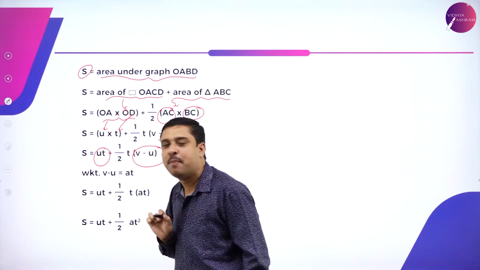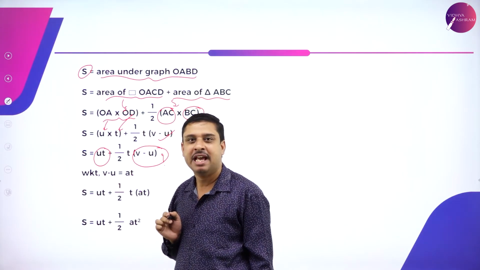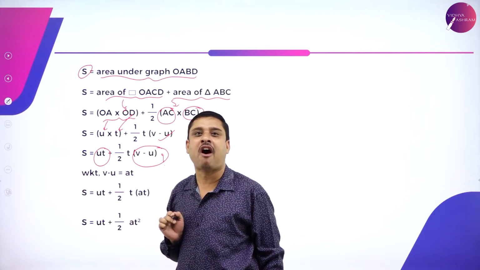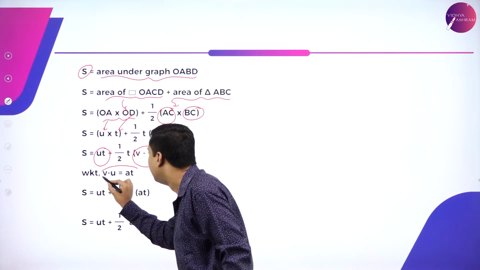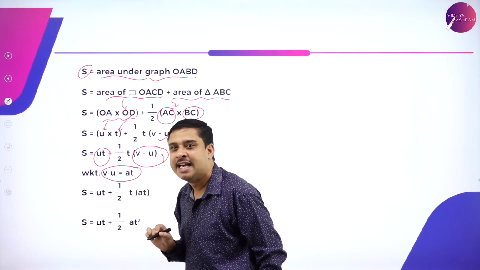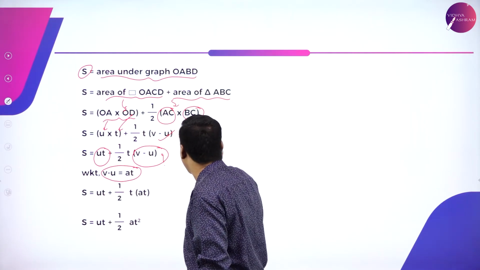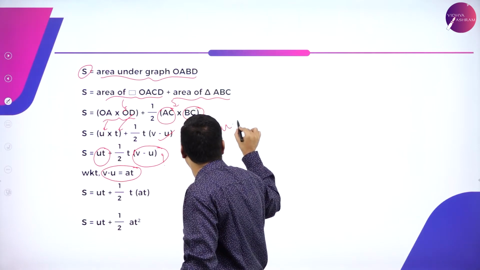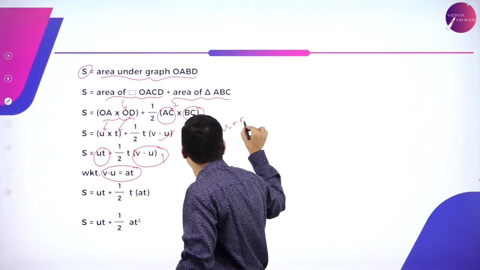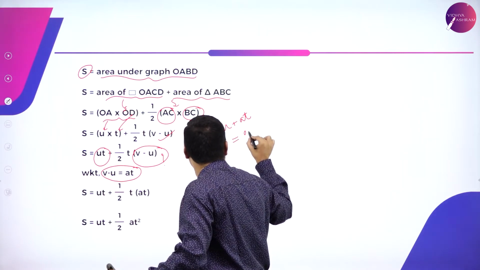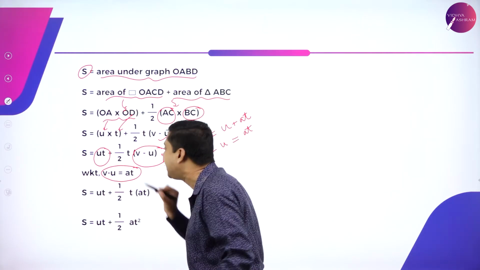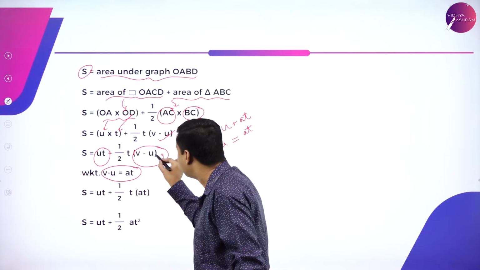But what is V minus U? If you recall my first equation, V equals U plus AT, so V minus U is equal to AT.